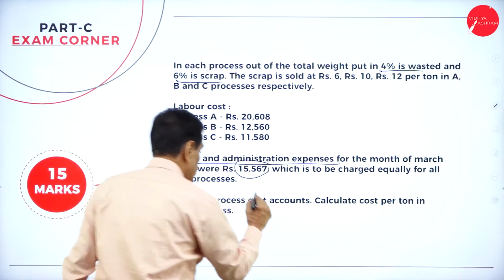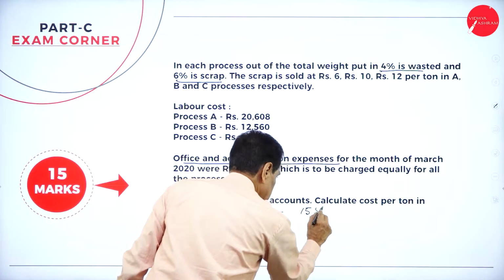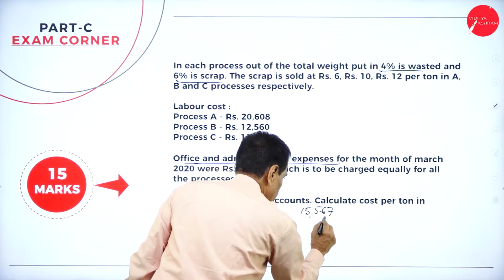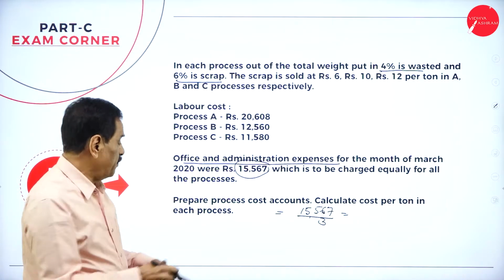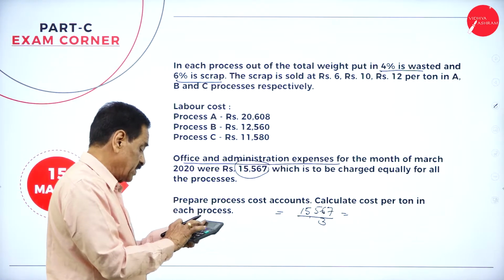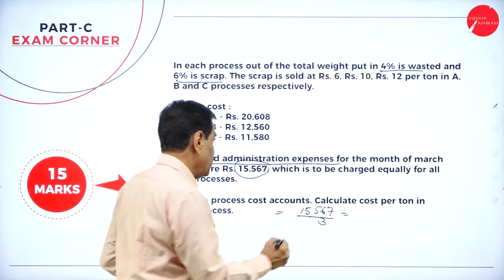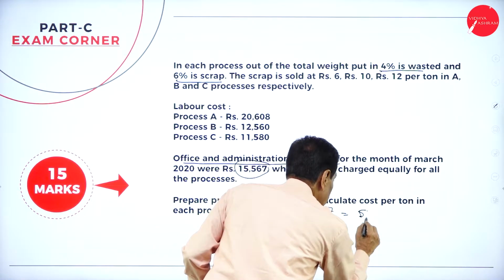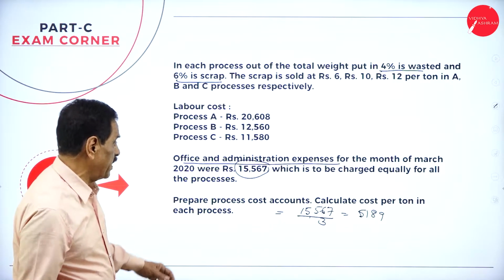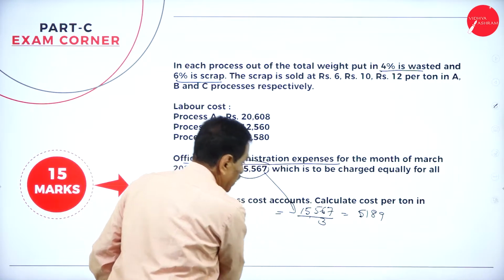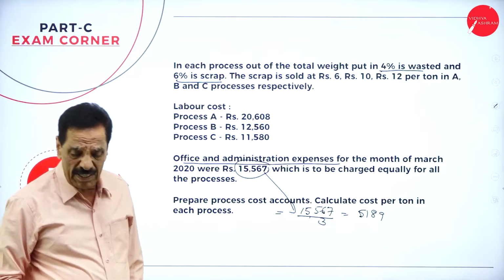So your amount is 15,567 divided by 3, which is 5,189 for each process.